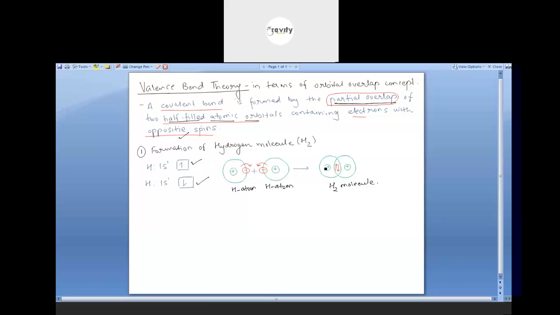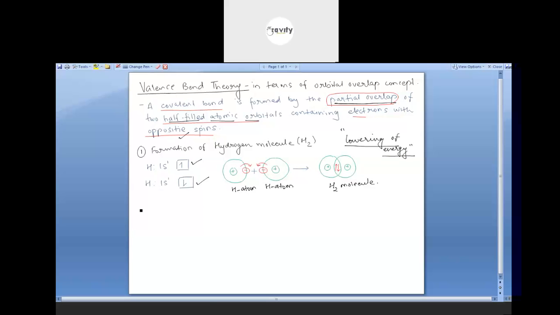This leads to the formation of the overlapping and the molecule is formed. When the electrons with opposite spin approach each other, there is lowering of energy, that leads to stability and the formation of the molecule.